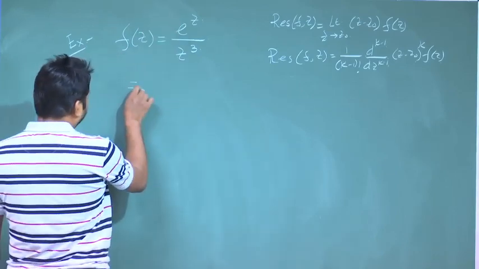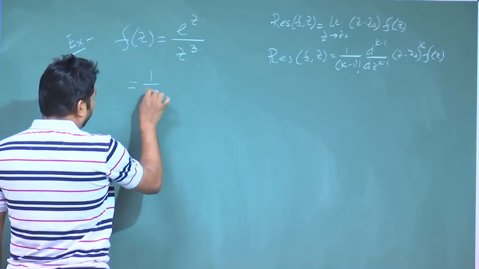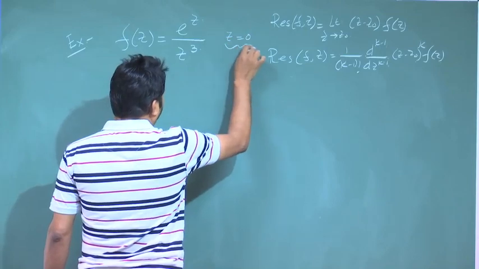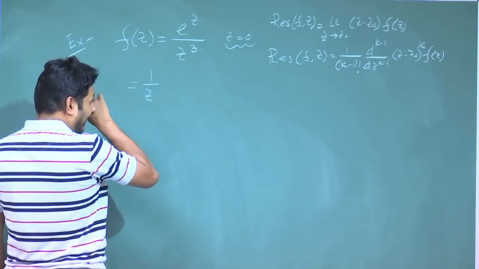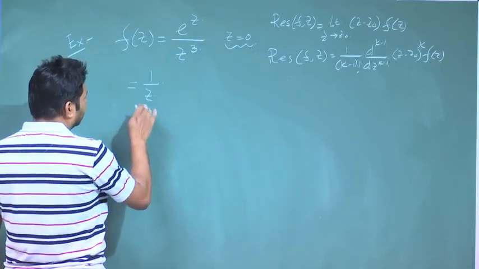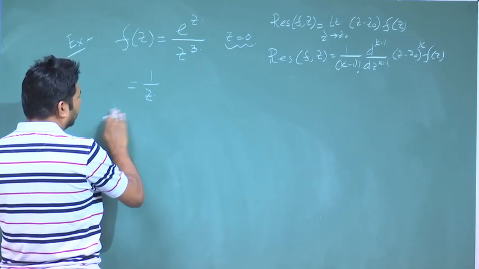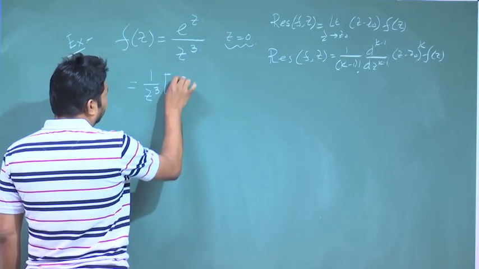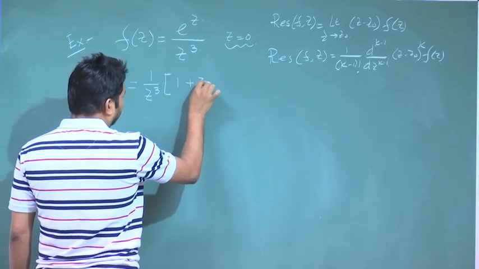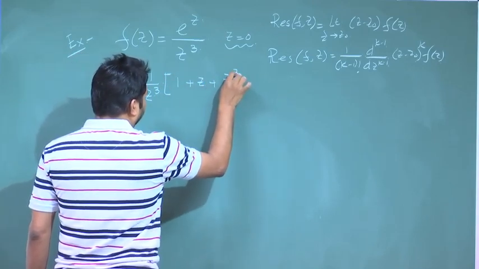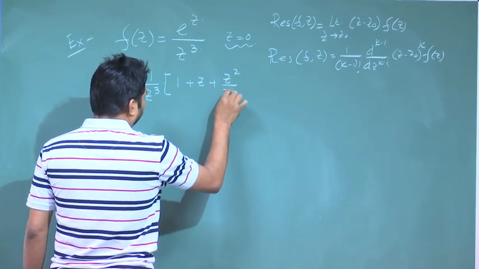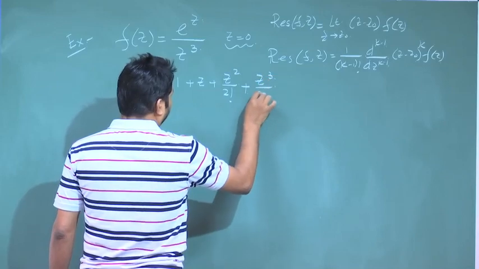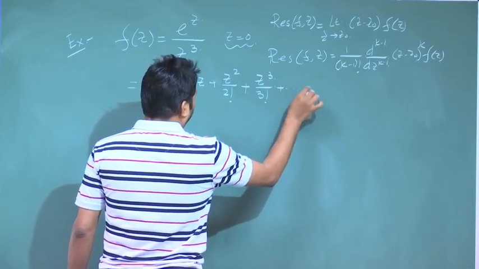So if I expand this as a Laurent series around z equal to 0, around this point, in some limit with z less than 1 or something, then it will be 1 by z cube, and e to the power z is 1 plus z plus z square by factorial 2 plus z cube by factorial 3 and so on.